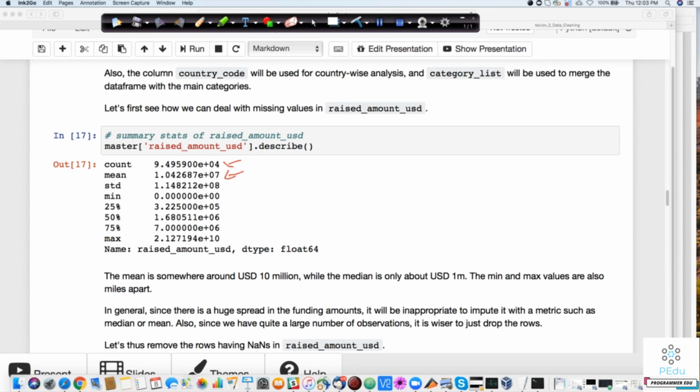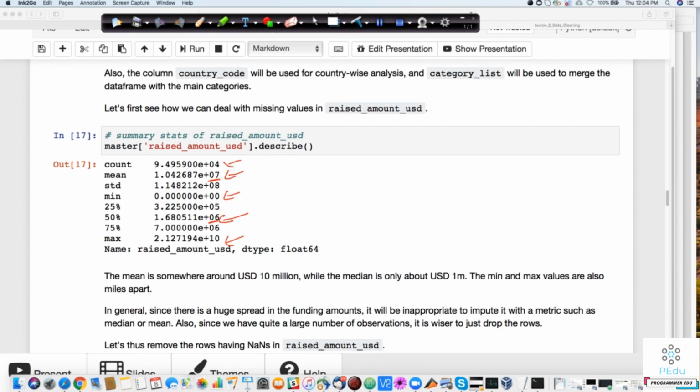Look at this mean, it's 10 to the power 7, and the median is 10 to the power 6. The mean is around 10 million and the median is around 1 million, right? So there's a huge difference. Even the minimum and maximum values are very far apart. So definitely imputing the mean will not be good, because there's a huge variation of data in this particular case.